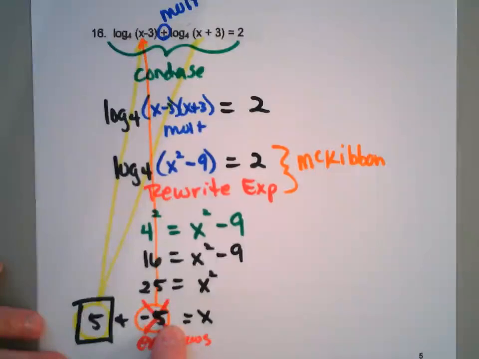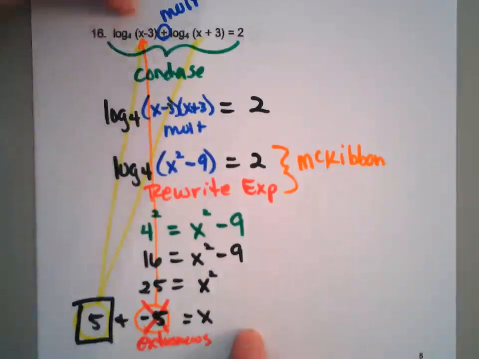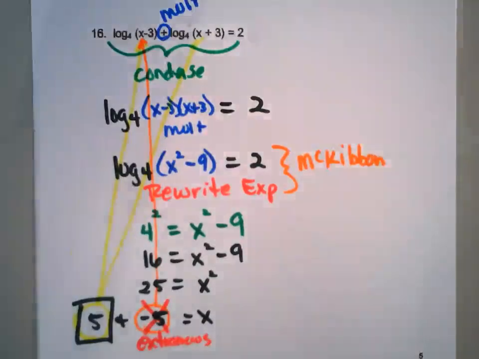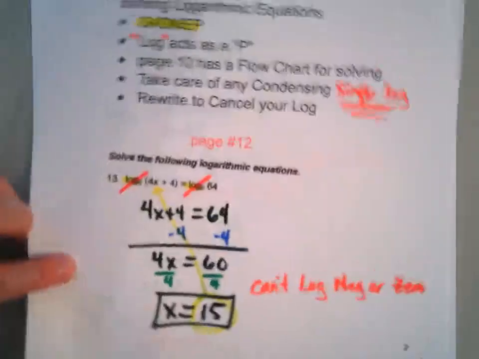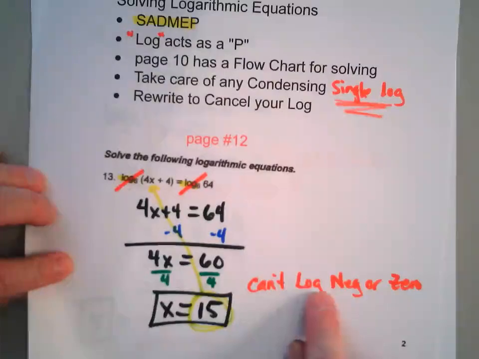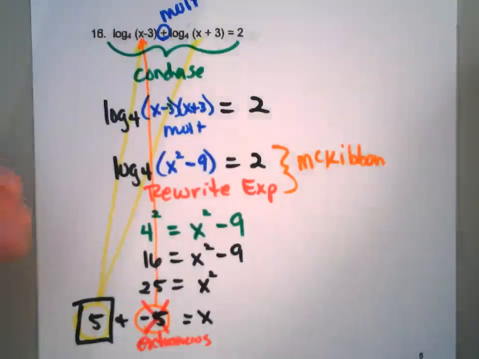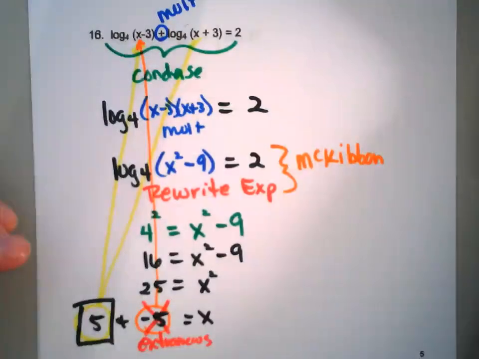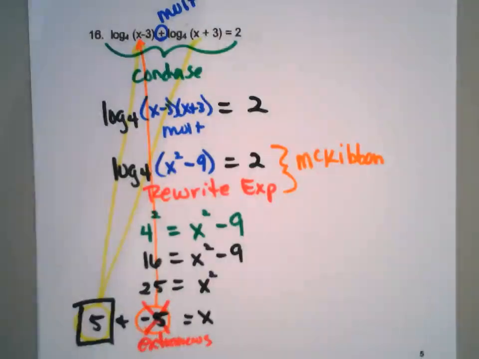Negative 5 algebraically worked, but when you plug it back in, you can't take the logarithm of a negative number. Okay? So we talked about that back here on our very first problem, we cannot take the log of a negative value. It just does not exist in its domain. Okay, number 16, answer is 5 only.